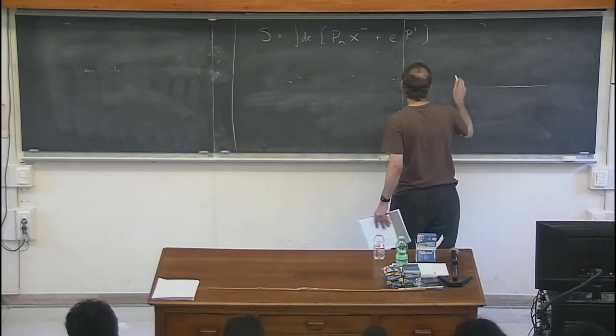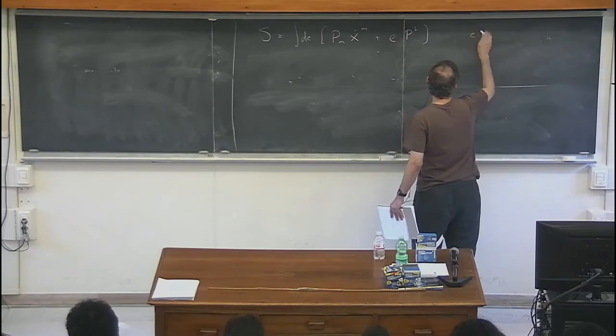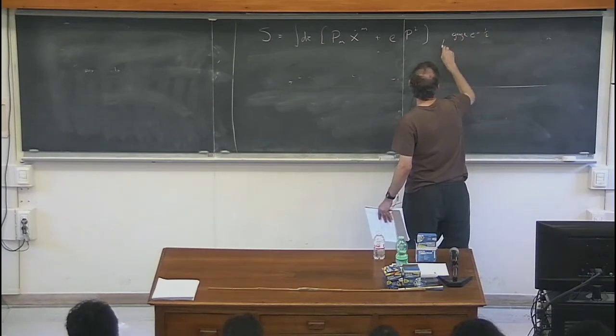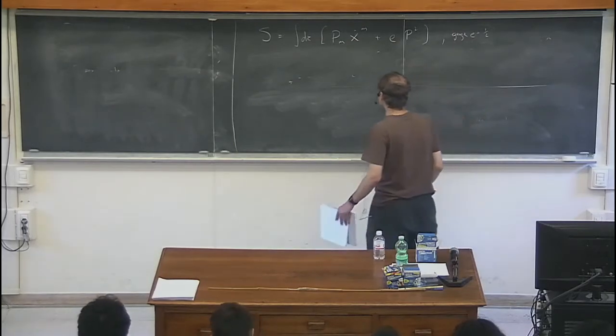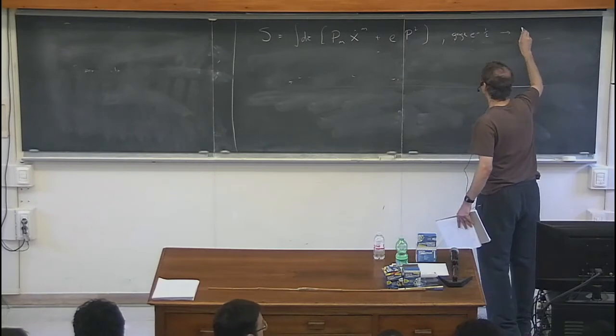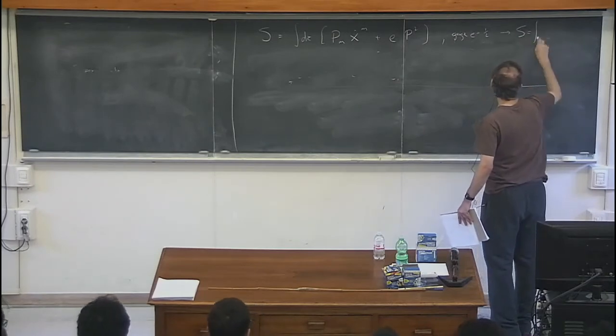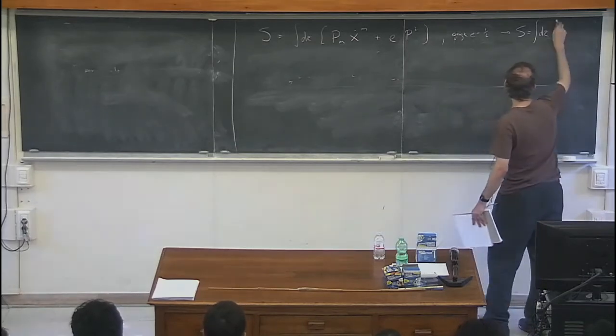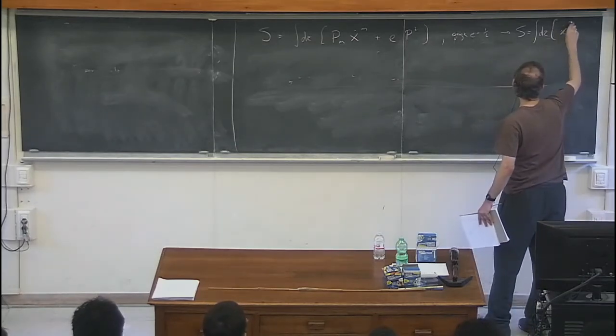And then we chose the gauge E equals, let's say, half. So then after using the equation of motion for P, this just becomes x dot squared.